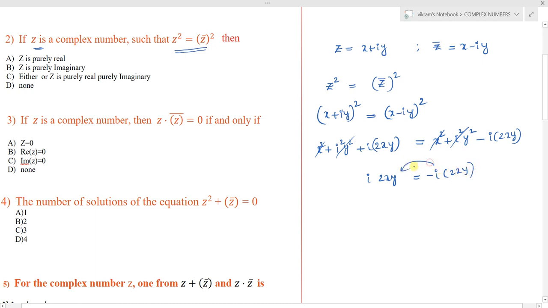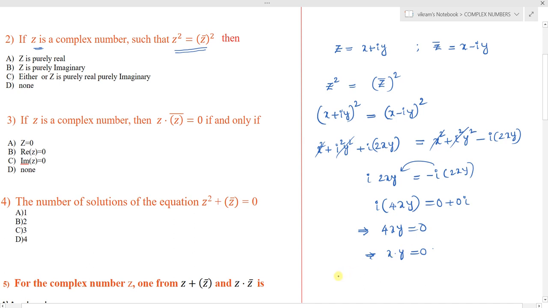If we move this to the LHS, we get i times 4xy equals 0. That implies 0 plus 0i. Since the two complex numbers are equal, their real and imaginary parts are equal, so the imaginary part 4xy equals 0. That implies the product of x and y is 0.